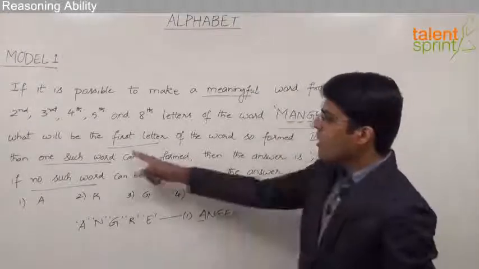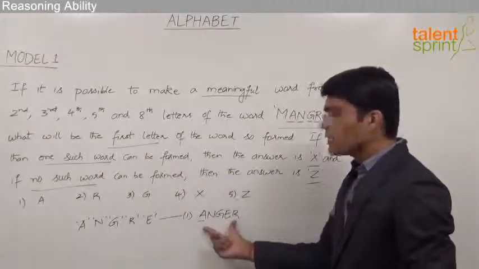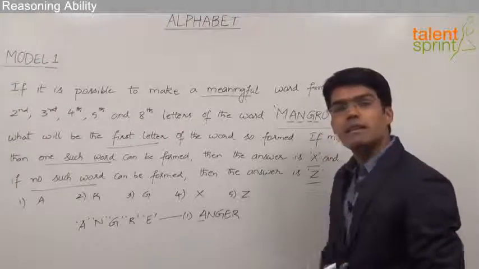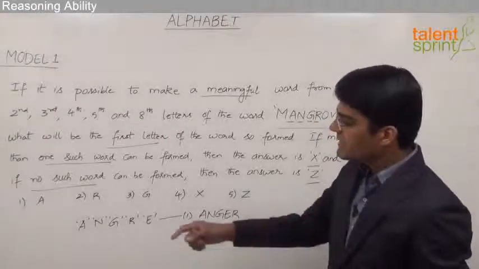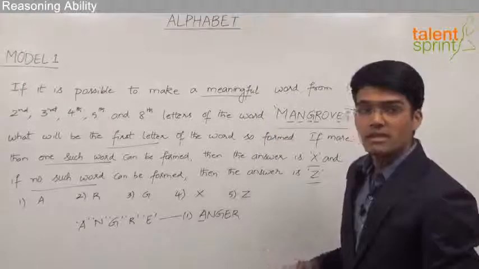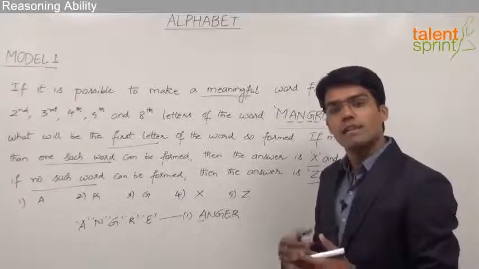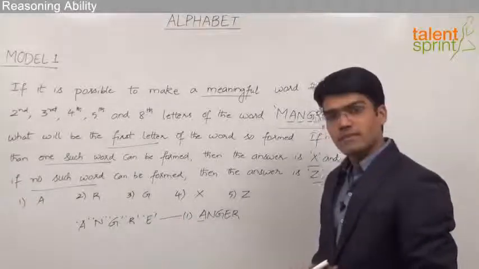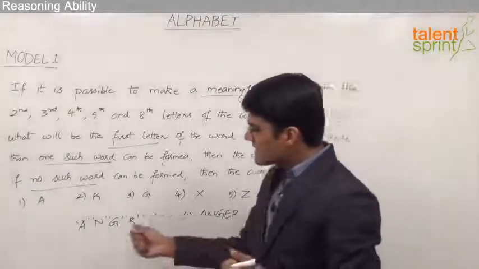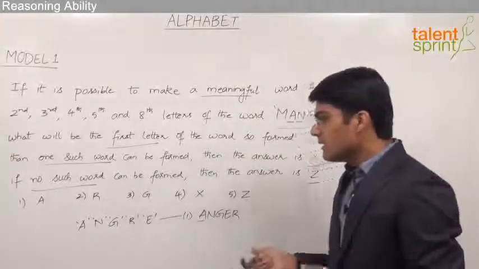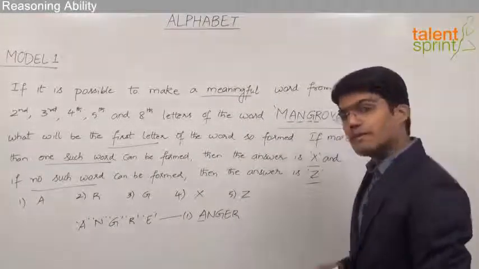Now if there is only one word which can be formed, and that is anger, our answer should be A, as the question says, what will be the first letter of the word formed? But before we mark A as the answer, we need to make sure that there is only one word. Or we should try to find out the other possible words with these letters. If you try to use these letters A, N, G, R, E, the other word which can be formed is range.